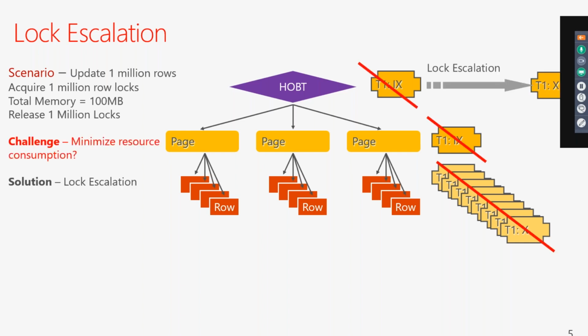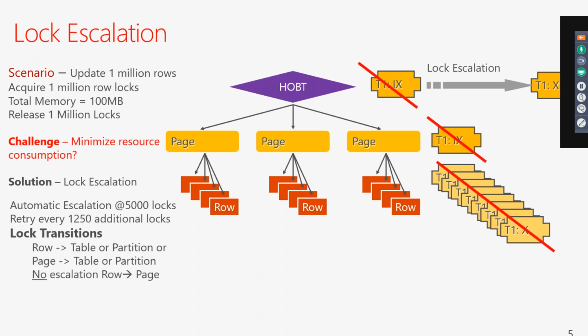So the rule is lock escalation. So if lock escalation succeeds, that's an important point. It does not have to succeed. Then we will release all these locks, and then take the lock at the table level. So that you can imagine is much more efficient. Now we trigger the lock escalation, and this is actually a confusing statement, but I'll try to make it as clear as possible.